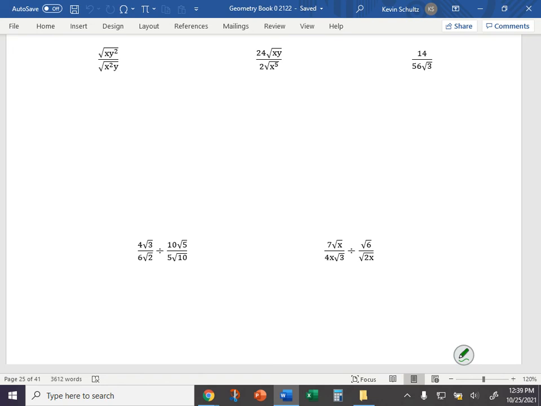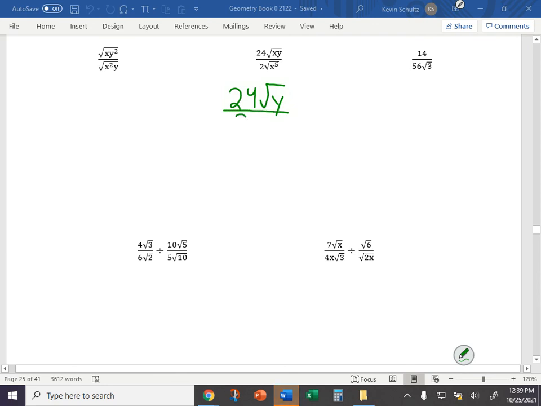So notice that we've got an x term under the root in both the numerator and the denominator. We can get rid of that x in the numerator by canceling it out with one of the x's in the denominator. In our numerator, that leaves us with 24 root y. In our denominator, it leaves us with 2 root what? X to the 4th.